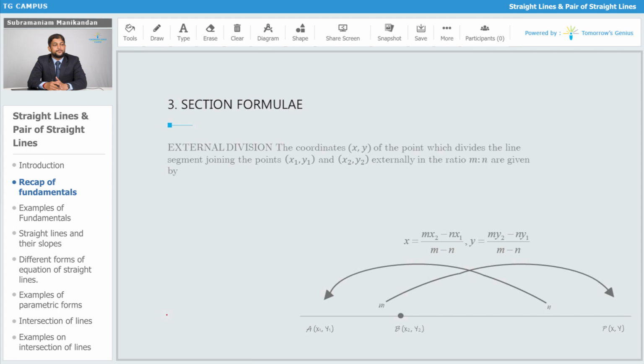So here AP is given by m and PB is given by n. So that is the ratio of AP is to PB. Given that, the point P's coordinates can be obtained as x is equal to (m into x2 minus n into x1) divided by (m minus n), and y coordinate as (m into y2 minus n into y1) divided by (m minus n).